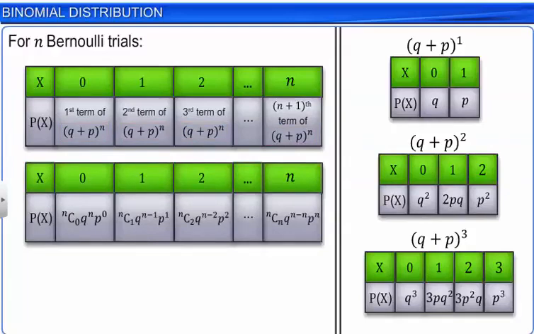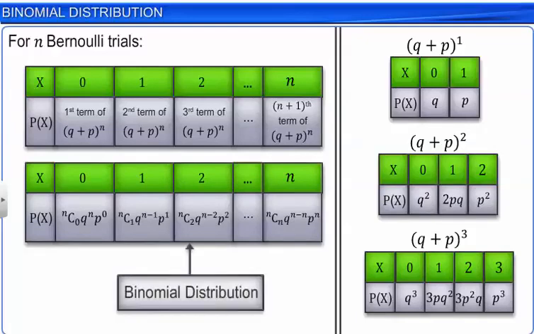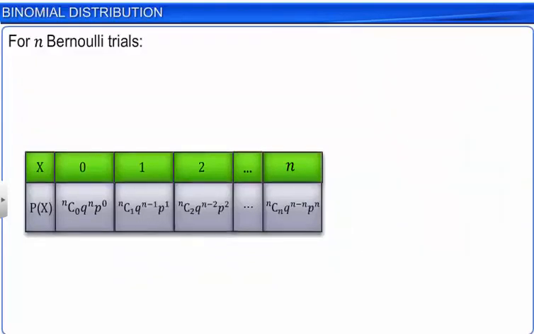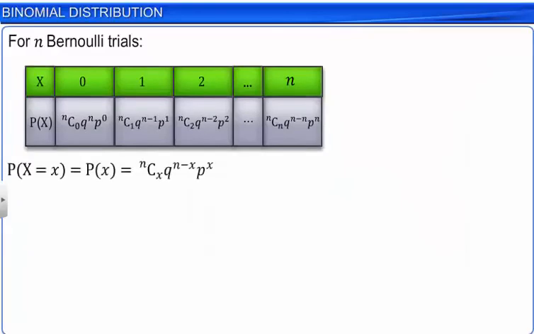Thus, the general formula for the probability of a given number of successes, or the probability that X can take the value x, is nCx times Q raised to the power n minus x times P raised to the power x. This is denoted by P of x.